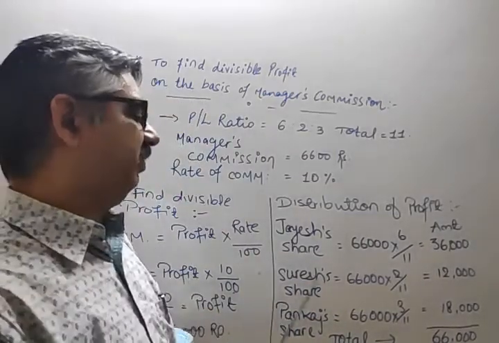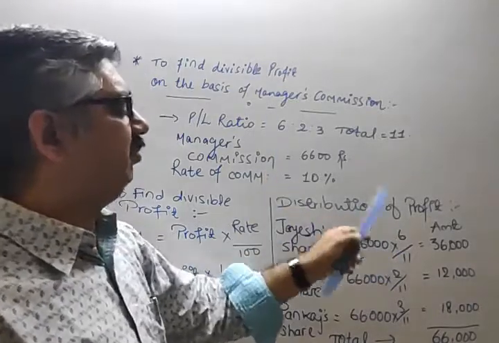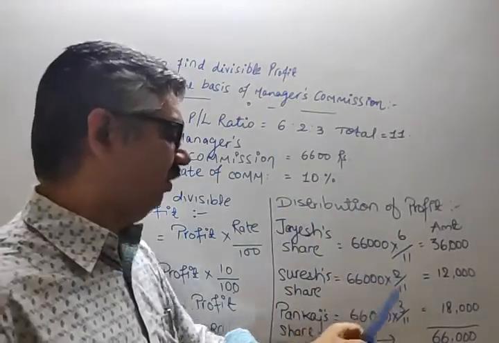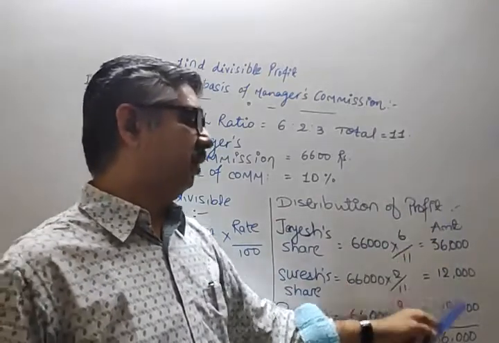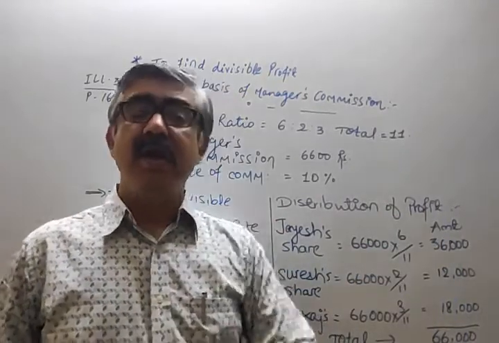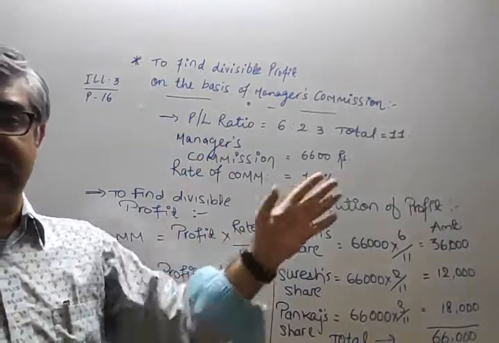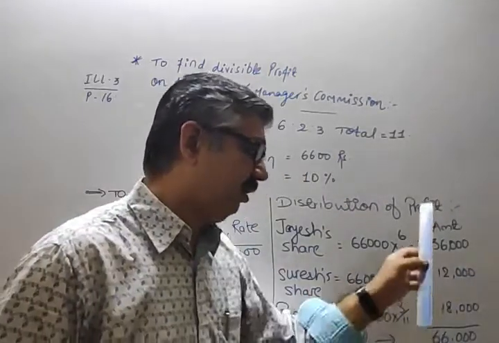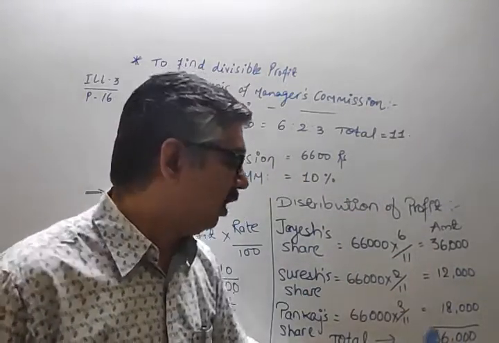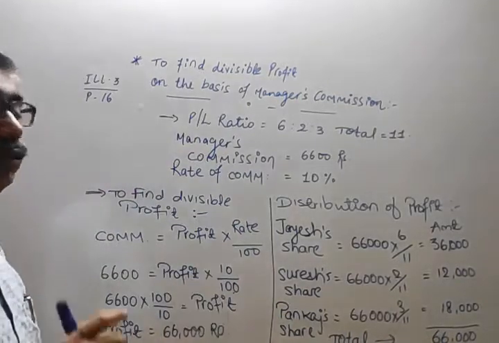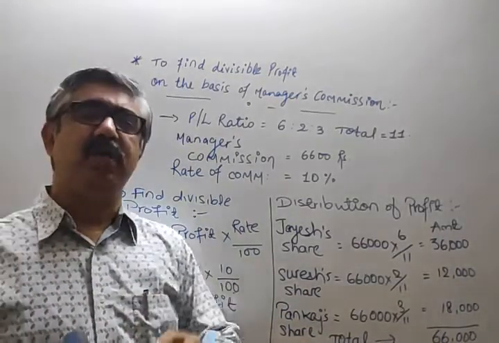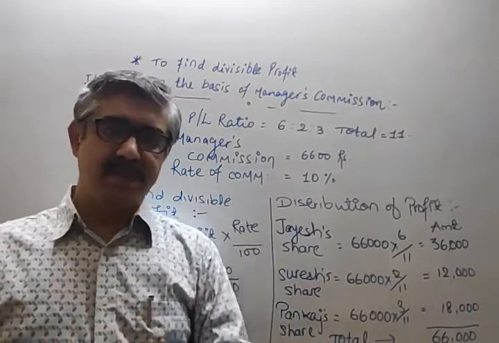Jayesh share, that is 66,000, P&L ratio simple: 6 by 11, 2 by 11 and 3 by 11 comes to 36,000, 12,000 and 18,000. As I told you previously once, twice, thrice, that if you write in this pattern, you can do the total and you can match with this to have the confidence that you are perfectly right.